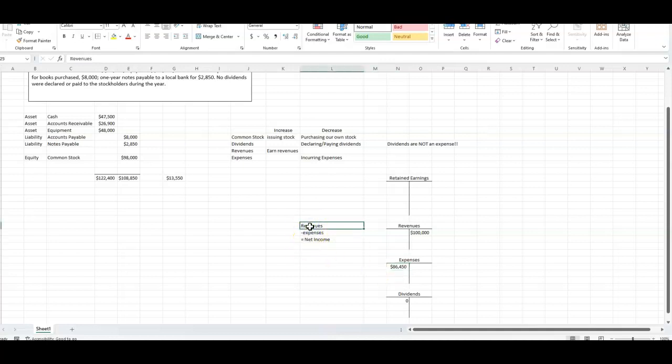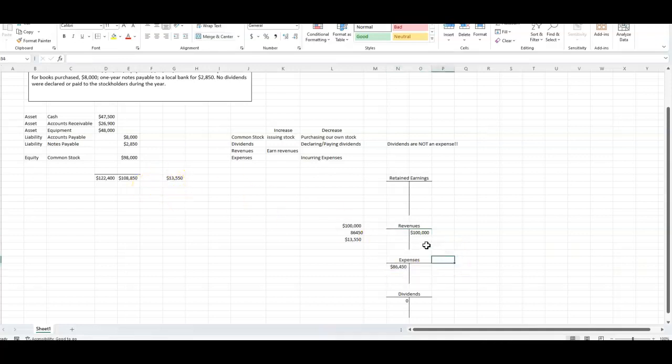So there you go. Our revenues minus our expenses equal $13,550. I don't know what these two numbers are. I just know that their difference has to be $13,550.